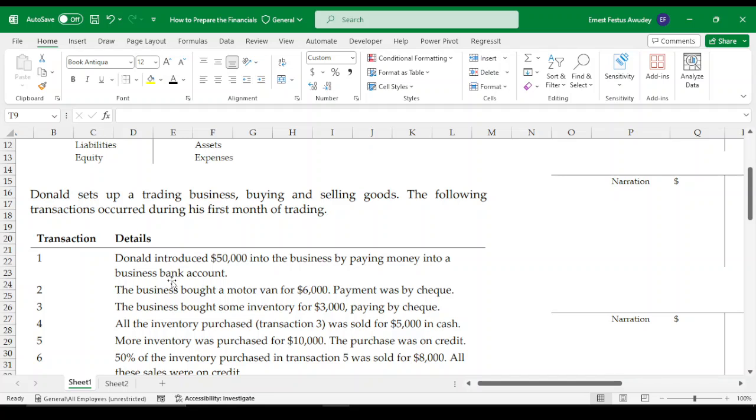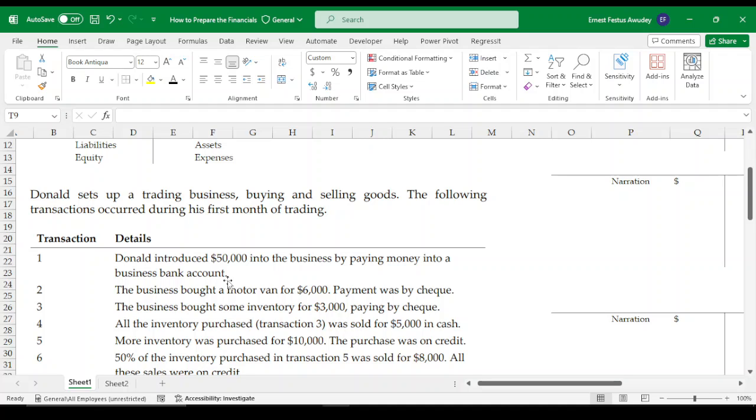We have identified one to be the capital or equity account. Now the owner has paid this into the business's bank account. Therefore, the other account is the bank account. You rightly got that. So that is the bank account.